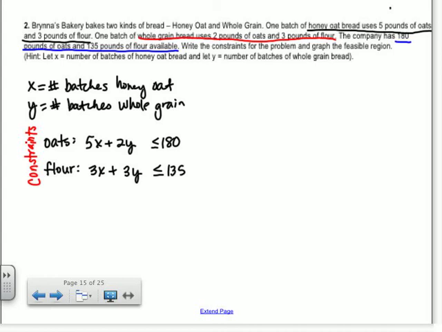You also have 2 very, very simple ones. Think about it. Are you going to have a negative number of batches? No, you can't make a negative number of batches of bread. So your last 2 constraints are x is greater than or equal to 0 and y is greater than or equal to 0.